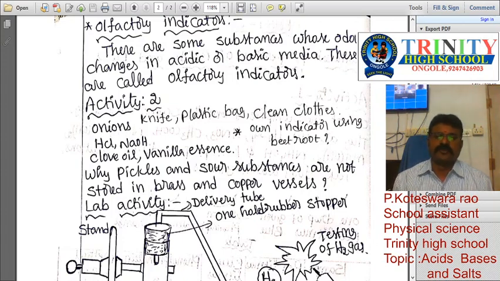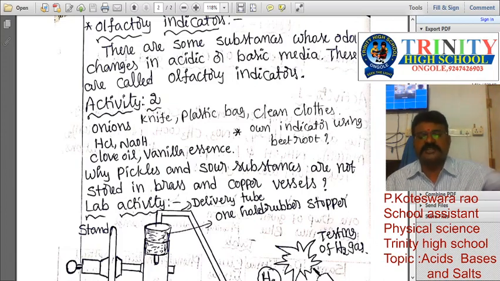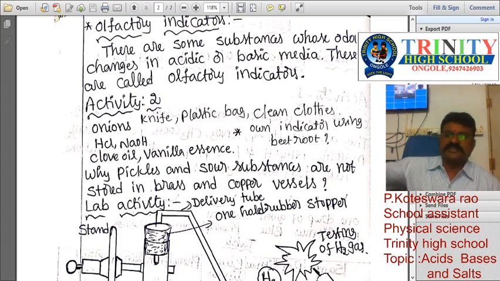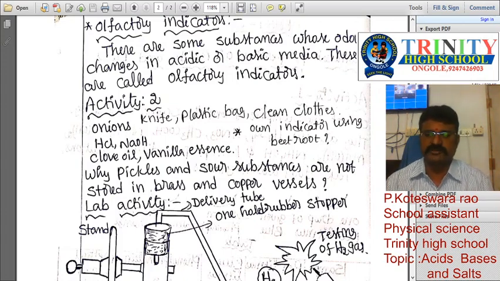Then once again we take 2 more test tubes. In the first test tube we add 1 or 2 drops of dilute HCl. In the second test tube we add 1 or 2 drops of NaOH solution.